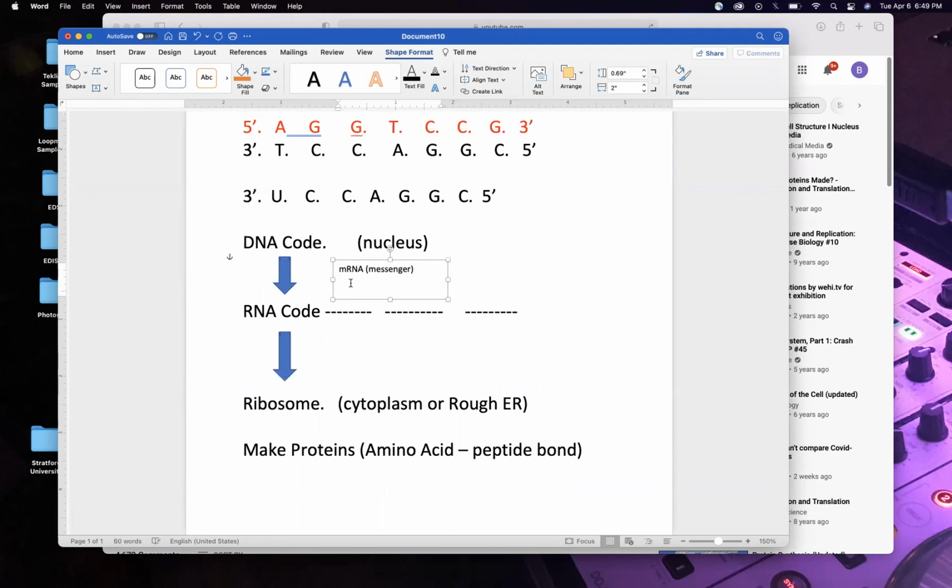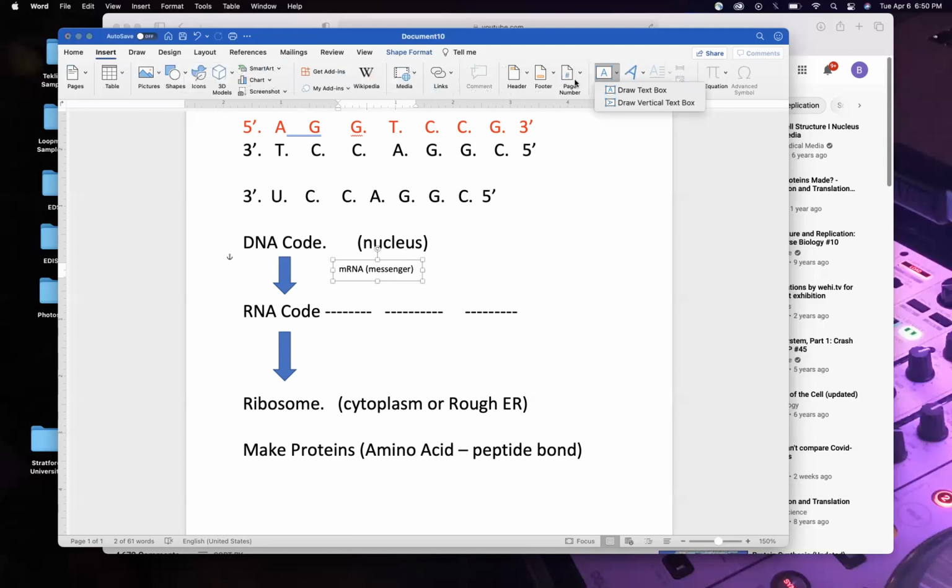So the messenger is going to take that copied code and put it outside the nucleus, either in the cytoplasm or the rough ER. And then once it gets to this ribosome right here, which is the protein maker, then what's going to happen?